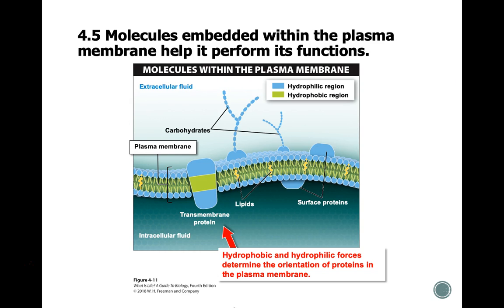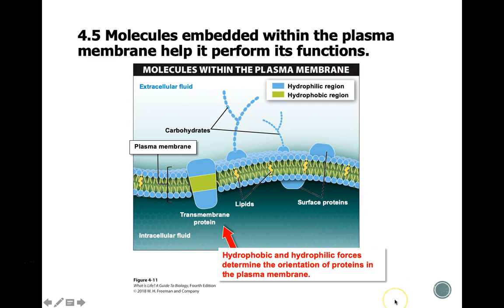So the molecules that are embedded within the phospholipid bilayer are really important. There are a variety of different types of molecules, each with their own function. So here we have the phospholipid bilayer. You can see the blue hydrophilic heads and the kind of greenish yellow hydrophobic tails.